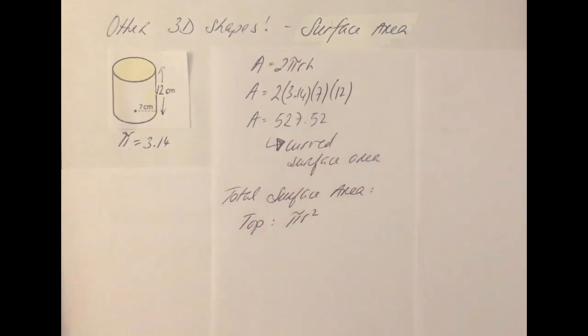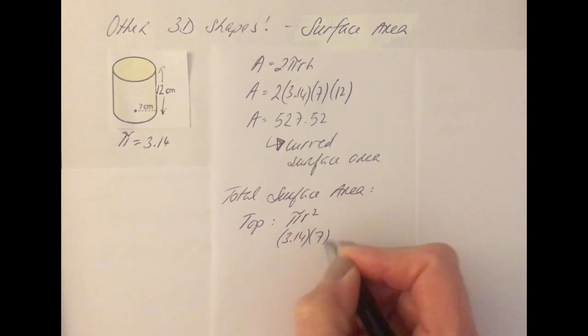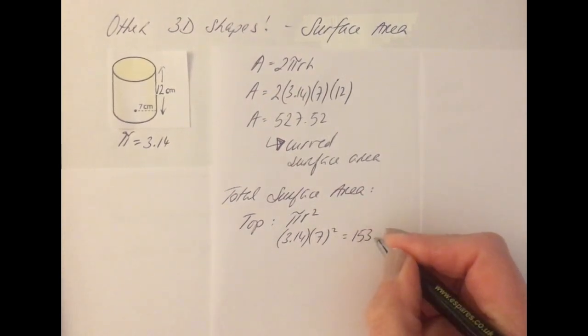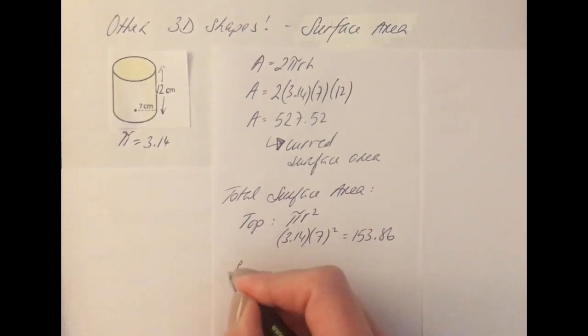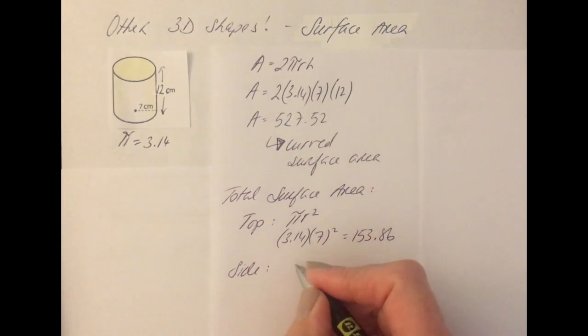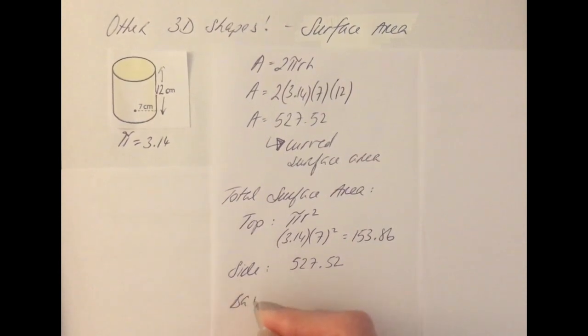So pi r squared is the area of a circle. So filling that in, 3.14 times 7 squared, we are getting 153.86. Of course, the side is all around the side, which is the curved surface area, and that we have here, so 527.52. And of course the base is a circle as well, so pi r squared, so we have 3.14 times 7 squared again, so 153.86.